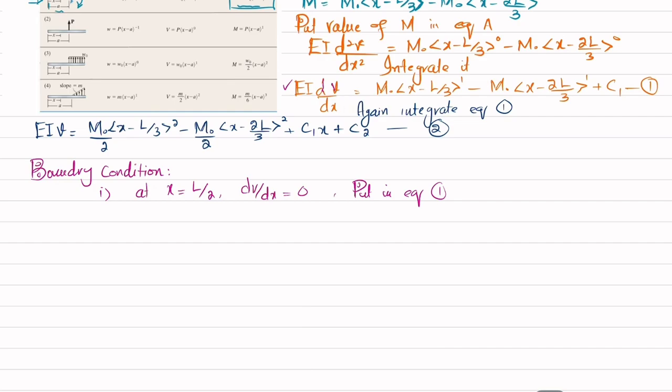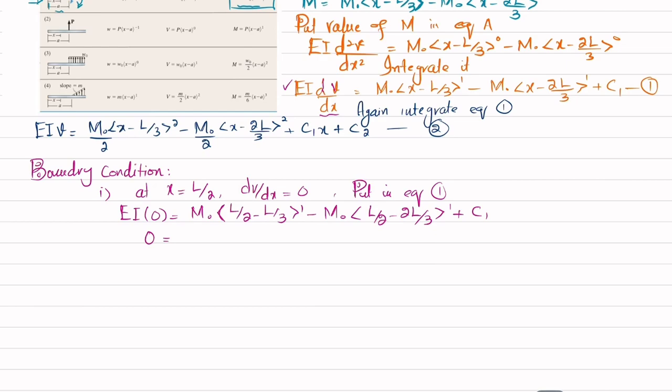So when you put dv/dx equal to 0, you will get EI into 0 is equal to M₀ into (L/2 − L/3)¹ minus M₀ into, x will be replaced with L/2, (L/2 − 2L/3)¹ plus C1.